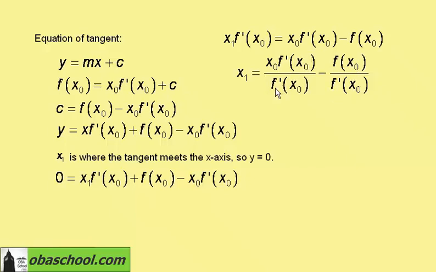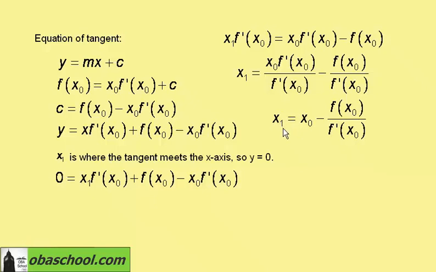Clearly the f dashed x0's cancel, giving us x1 is equal to x0 take away f of x0 divided by f dashed of x0. So if we know the function of x and we can differentiate it, given a value for x0, we can substitute in and evaluate this expression, giving us our next estimate of the root, which is called x1.